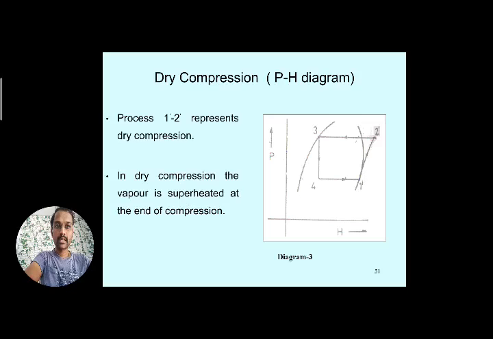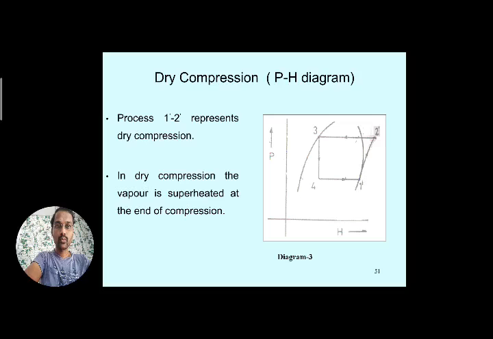This is representing the dry compression. After compression, at the exit of the compressor, you can see the vapor is in the superheated form. This region on the right side of the saturated curve is the superheated region. So at the end of the compression, the vapor is superheated.